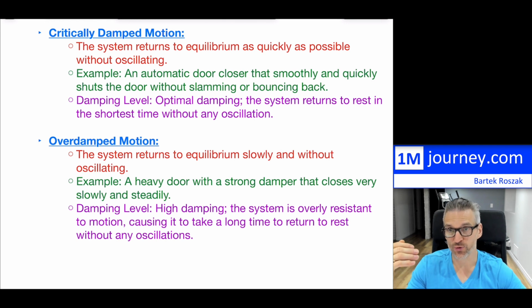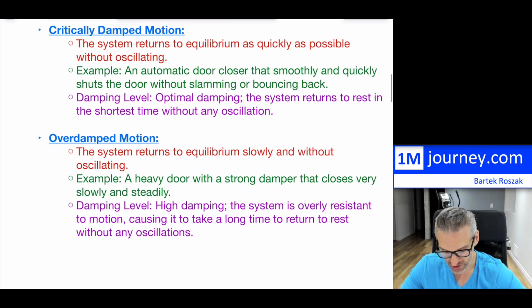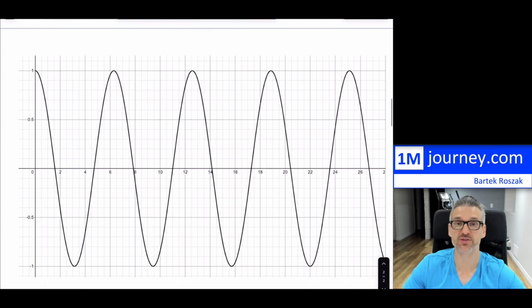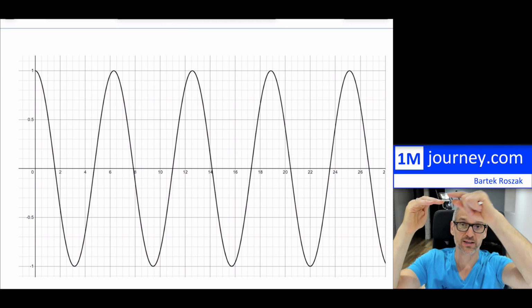Now, if you think back to simple harmonic motion, the graph of a simple harmonic motion would look something like this. This is kind of like in perpetuity, so it just goes on forever, where you have a certain amplitude and then it swings back.